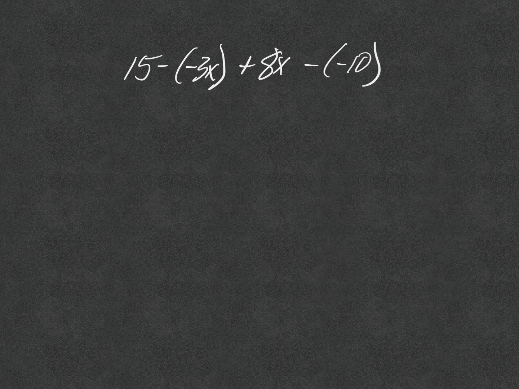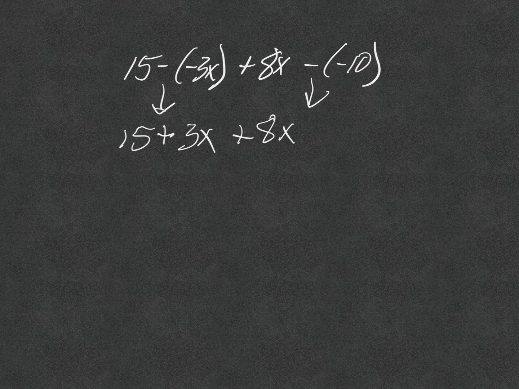All right. And so to wrap up these 2 sections in this video, what I tend to do at this point is when I get to an algebraic expression, I do just what I did on the last problem with the numbers. I change all the subtractions to addition. So this subtraction becomes 15 plus the opposite of -3x, which is 3x, plus 8x.